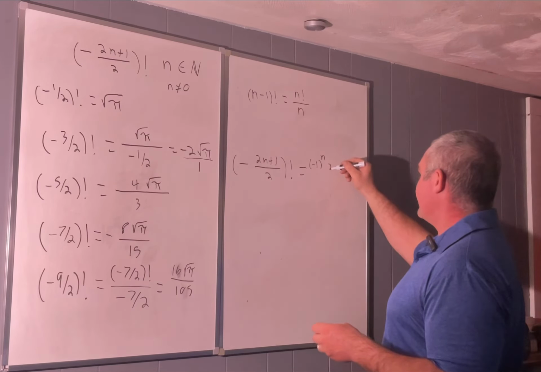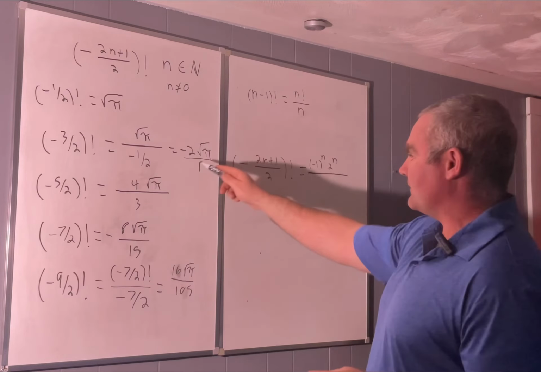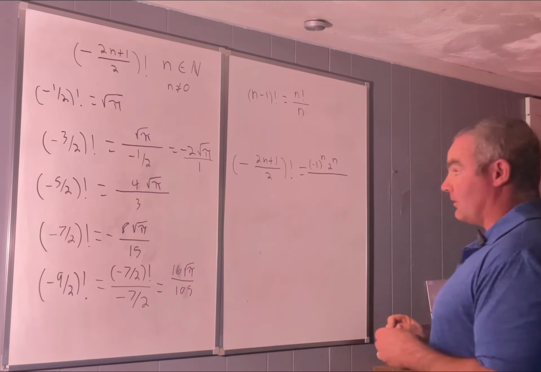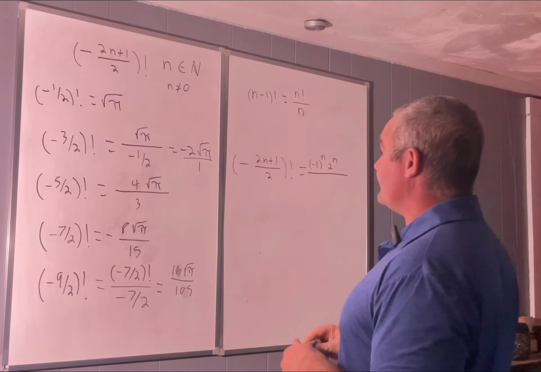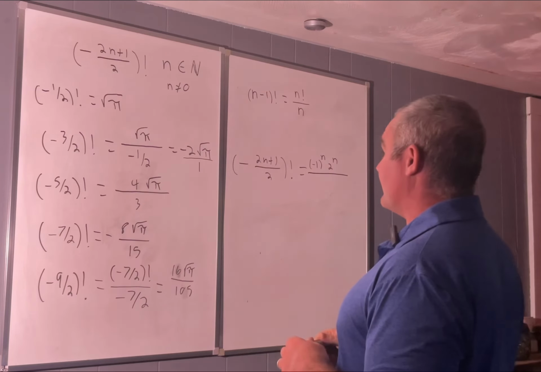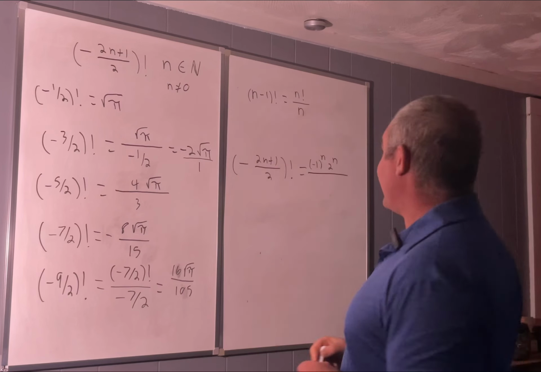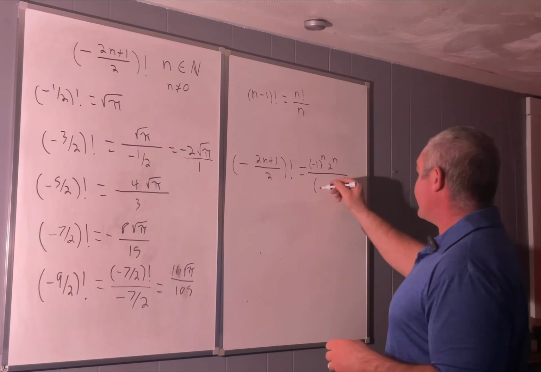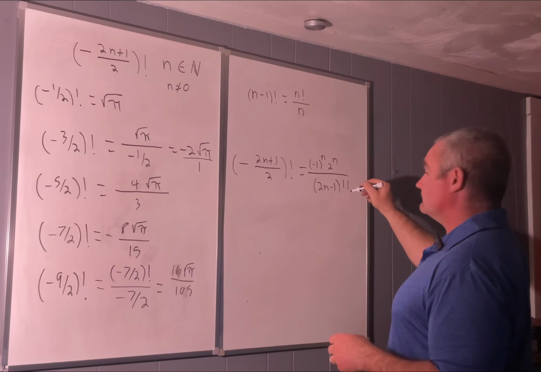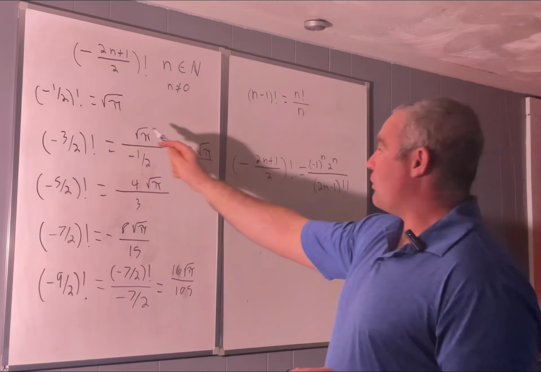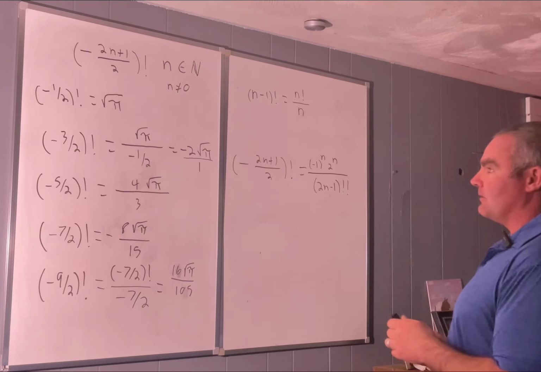So it's just 2 to the n over, well, let's see, we have an odd double factorial in the denominator. It looks like 2n minus 1 double factorial, because our n equals 1 term would correspond with a 1, which is 1 double factorial.